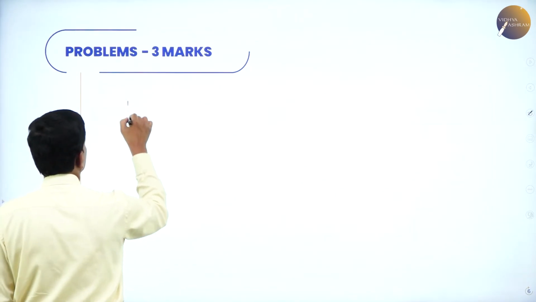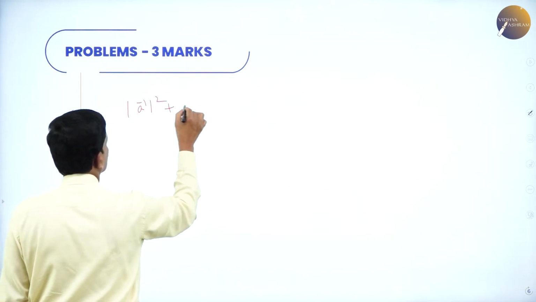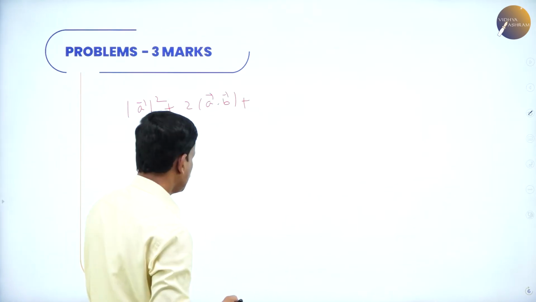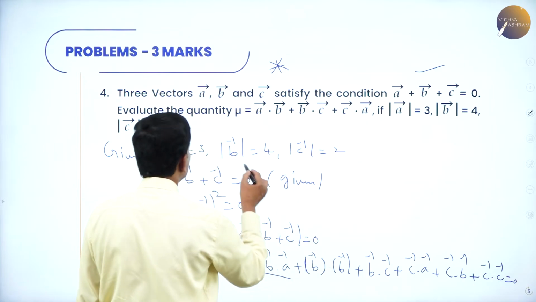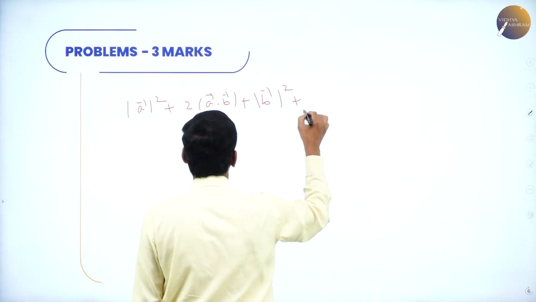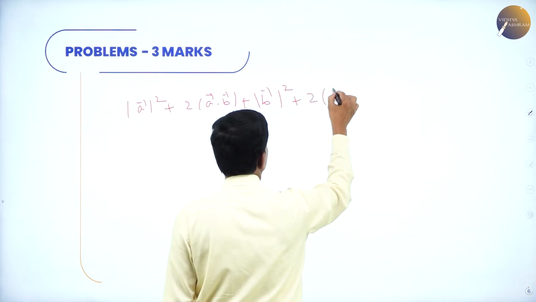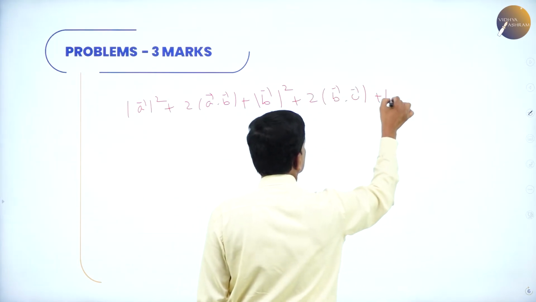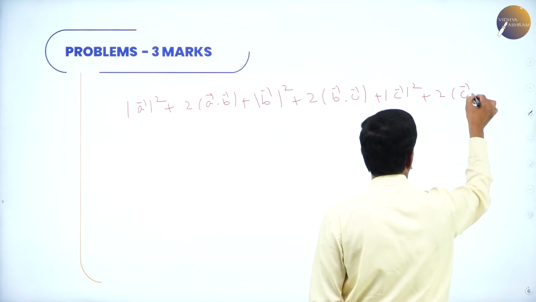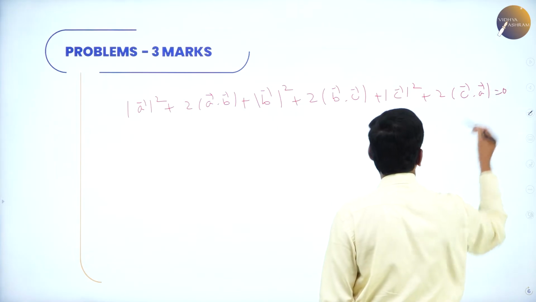Therefore, the given equation becomes length of A square plus 2 times A dot B, then plus B dot B, which is nothing but length of B square, plus 2 times B dot C, plus length of C square plus 2 times C dot A is equal to 0.